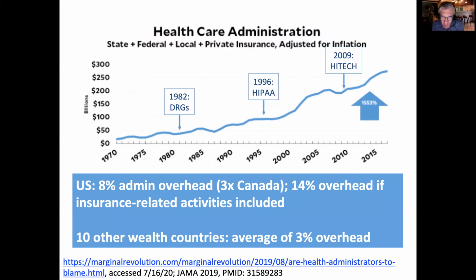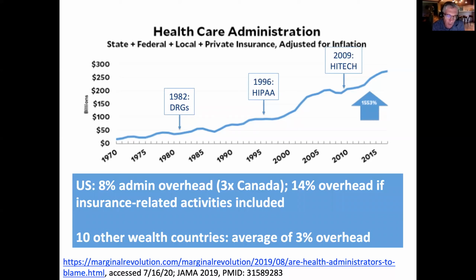I've tagged several landmark healthcare laws here: diagnosis related groups back in the early 80s, HIPAA in the mid 90s, HITECH 2009. And you see that in spite of all those, or maybe because of them, but not in any neat and tidy way, administrative expenses just inexorably rise over time.